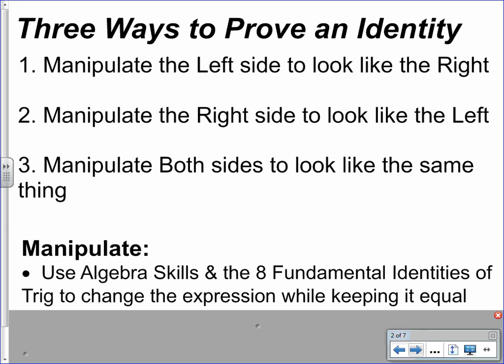What else? Multiplying by the conjugate to get something out of a denominator. Okay? And the fundamental identities. Obviously, you were practicing those a little bit in your homework, okay, over our snow days.